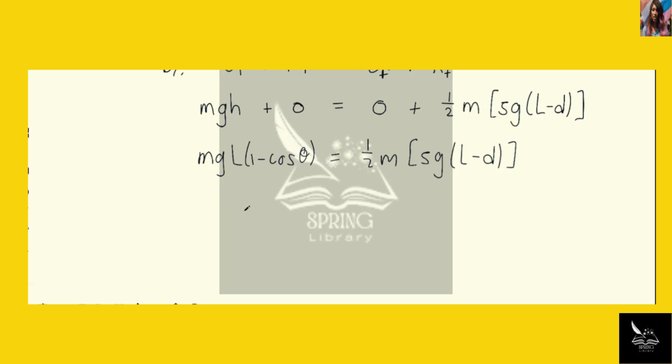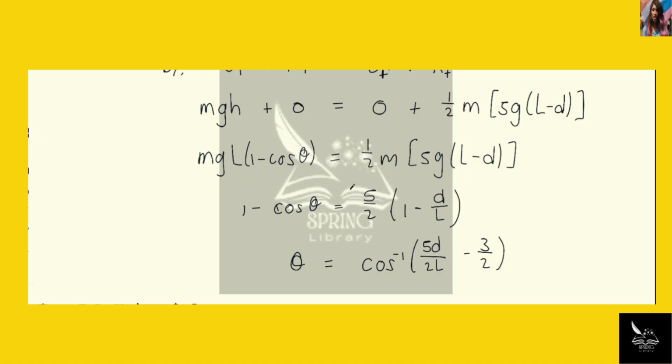So if we rearrange this further, we see 1 minus cos theta is equal to 5 over 2, 1 minus d over L. And lastly, with a bit more mathematics, we see that this gives theta as the arc cos of 5d divided by 2L minus 3 over 2.